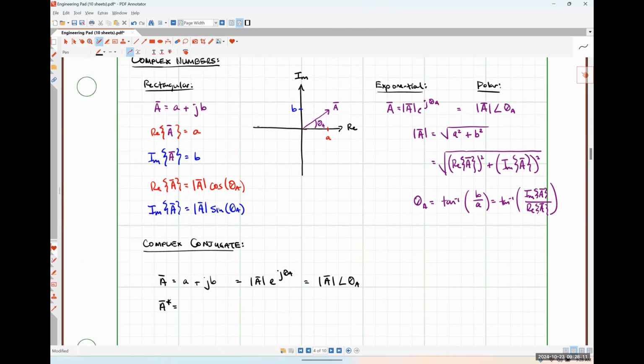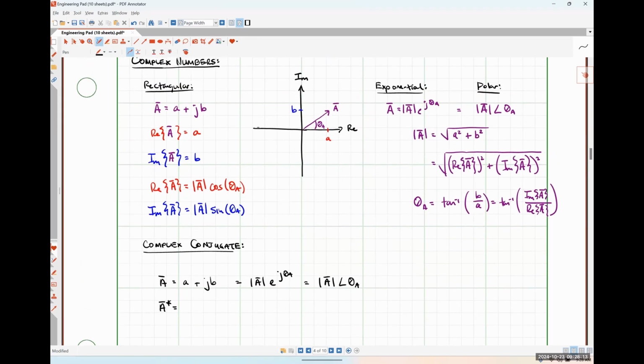So I'm going to put this on the graph. All the complex conjugate operation does is it effectively just flips my complex number about the horizontal axis. So A conjugate would just be down here, where that asterisk symbol just means the conjugate of the complex number preceding it, okay?